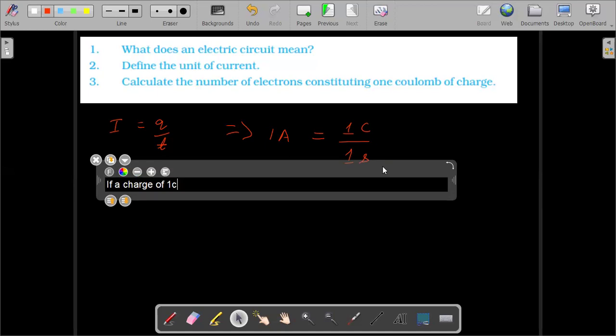Now keep this in words. If a charge of 1 coulomb travels through a cross section, remember we had seen about a cross section, in 1 second, then the current is 1 ampere.